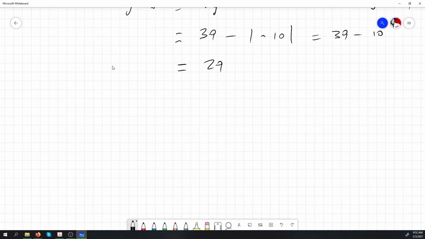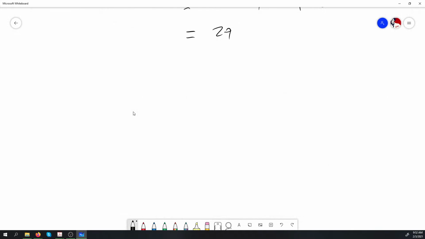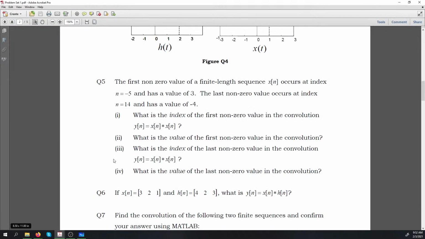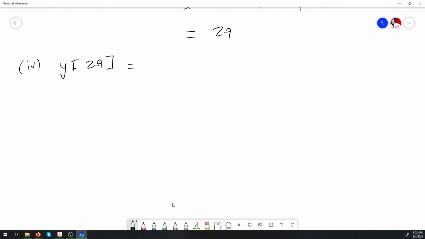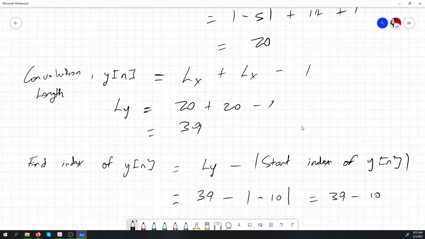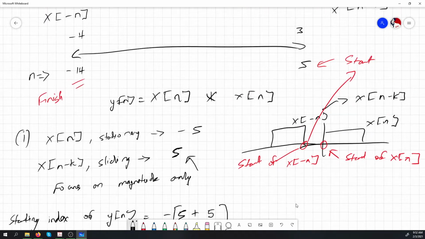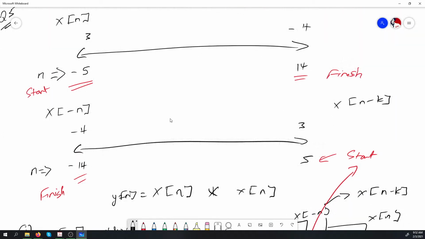So the last part, part 4, is also very self-explanatory. This here is just going to be y of 29 that we're going to be trying to calculate. And part 4 basically asks what's the value of the non-zero value in the convolution. So let's go all the way back to our visual representations. We're just going to be watching the value of the finish points, or the end points, which is going to be -4 by -4.